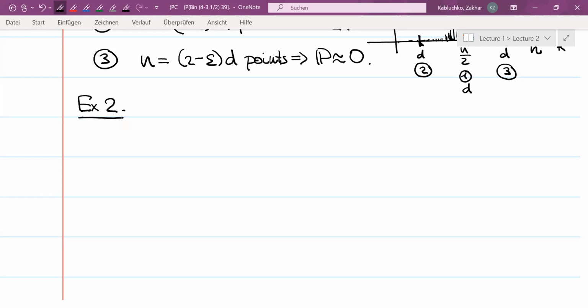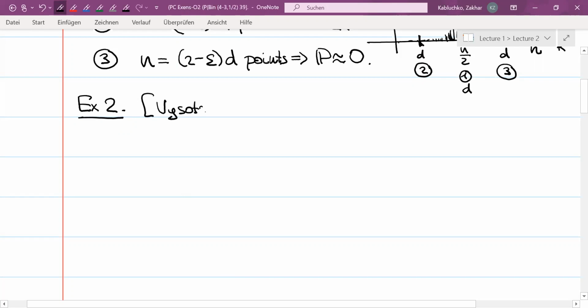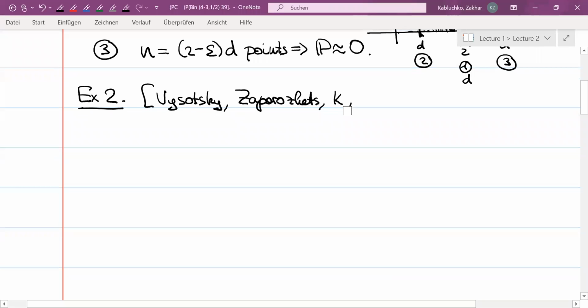Yes, let's do it. Let's consider this example. So it is a joint work with Vlad Vysotsky and Dmitry Zakhar. And again, let x1, xn be IID standard Gaussian in R^d.